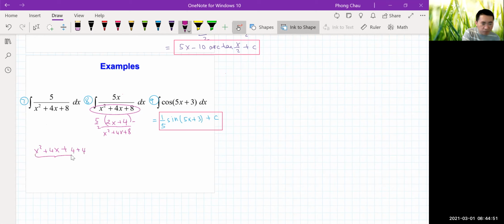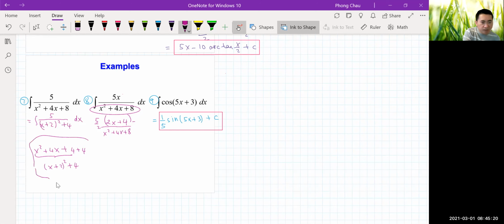That way this will turn into x plus 2 quantity squared plus 4. And now this integral would become 5 over x plus 2 squared plus 4 dx, right?